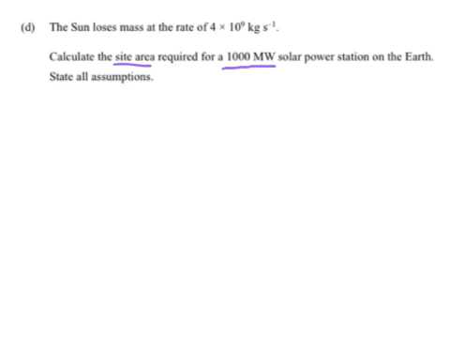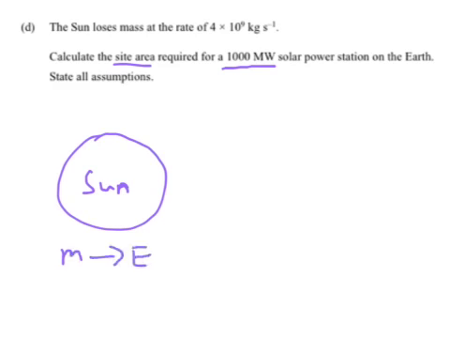Let's draw a quick sketch to help us get in our mind what we're trying to work out. So we've got the Sun that's converting a whole lot of mass to energy, and that energy is radiating out in all directions.